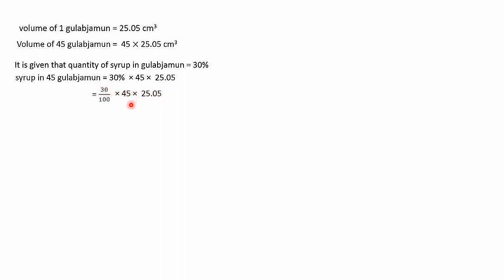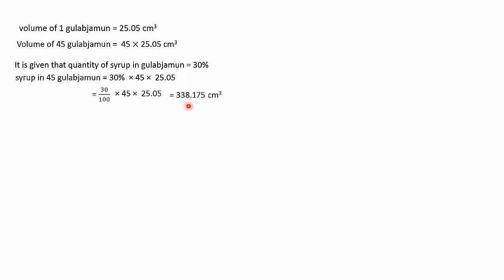Please do not copy this answer. Just multiply this and divide by 100, which means just move 2 places to the left. That is, we will get 338.175 centimeter cube as the volume of syrup in the 45 gulab jam bottle.